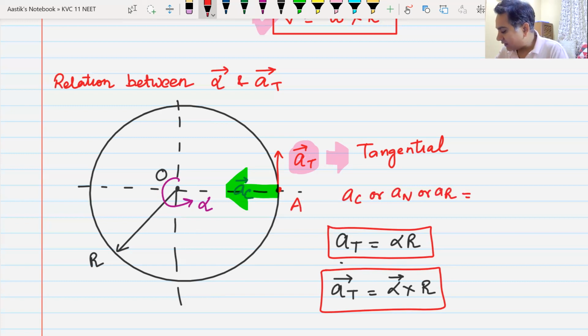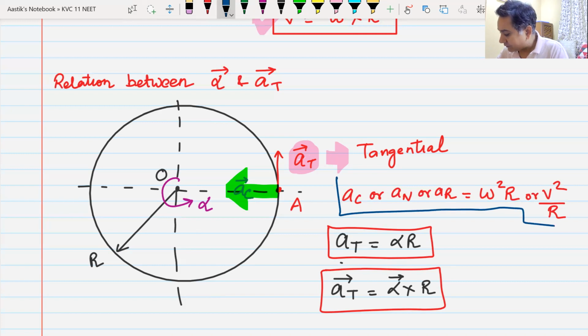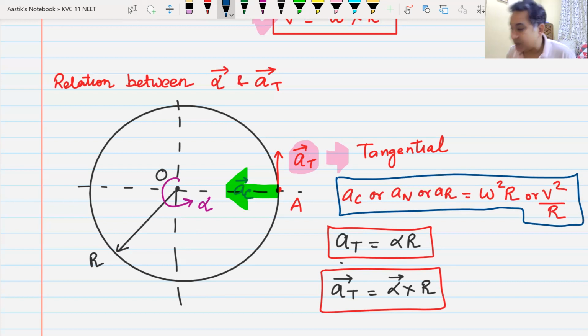And the formula for this is omega square multiplied by R or V square by R. We will do problems based on this, not now, but in the coming chapter after we are done with Newton's laws of motion, we will be doing problems based on centripetal or normal acceleration.